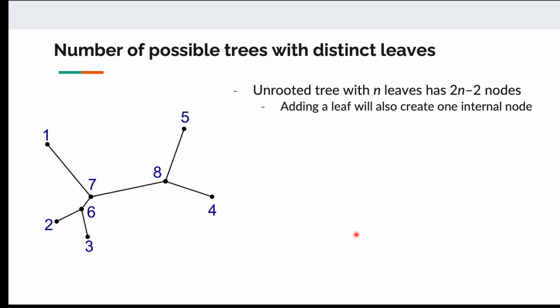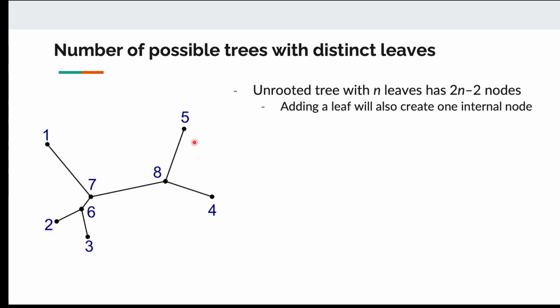If we have n leaves, where leaves are the endpoints, in this case we have 1, 2, 3, 4, 5 endpoints. We can count: if we have 5 endpoints, we're going to have in total 8 nodes, counting the internal ones.